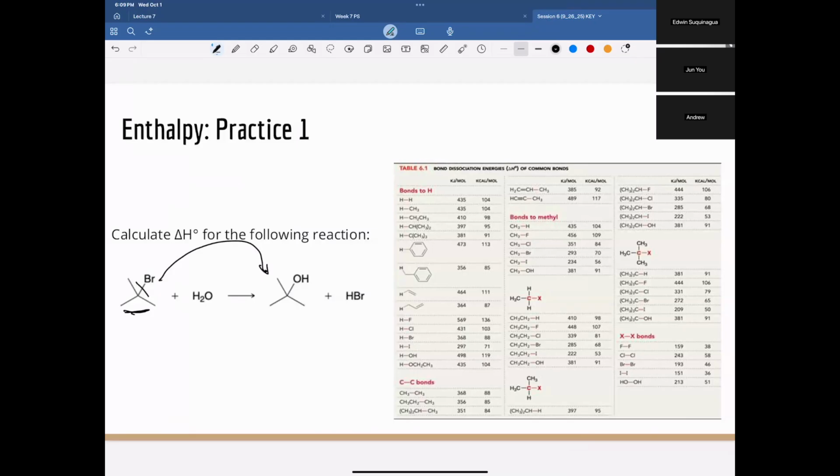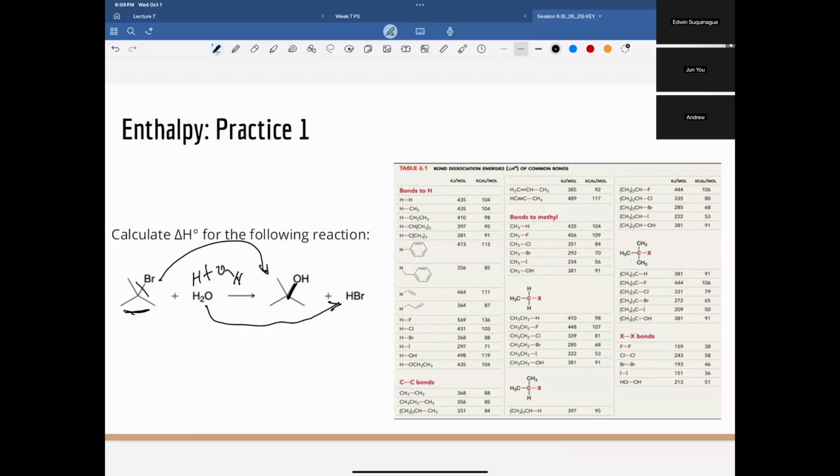We have to cleave it. But at the same time, we're also going to form a new bond between this carbon and this OH. And the same case here with water and HBr. The hydrogen bond is going to be broken and then form a bond with bromine.